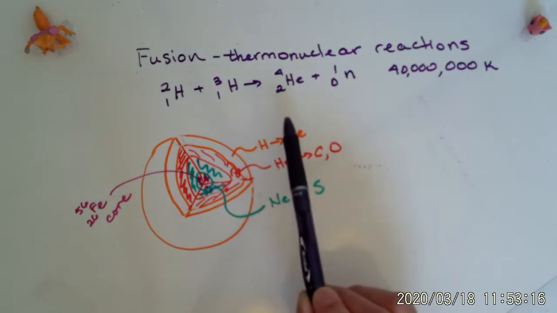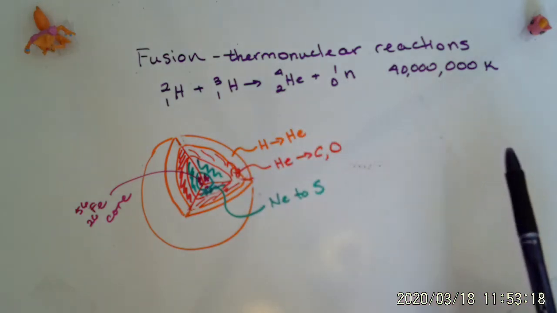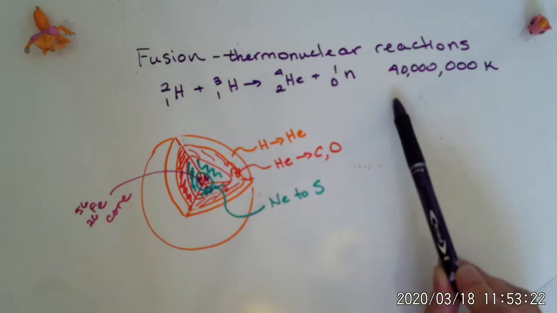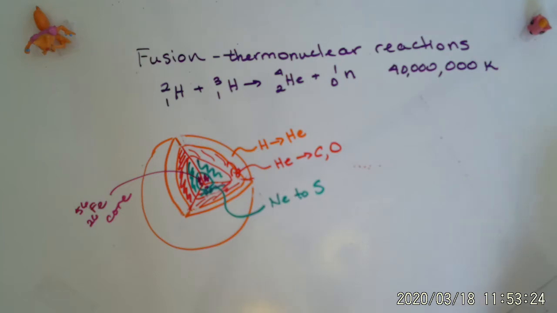Now the reason I highlighted this one in particular is the lowest temperature at which this reaction can occur is 40 million degrees Kelvin. So that's why we call them thermonuclear reactions.